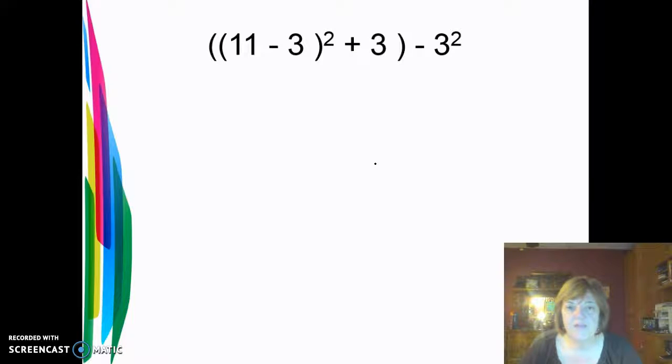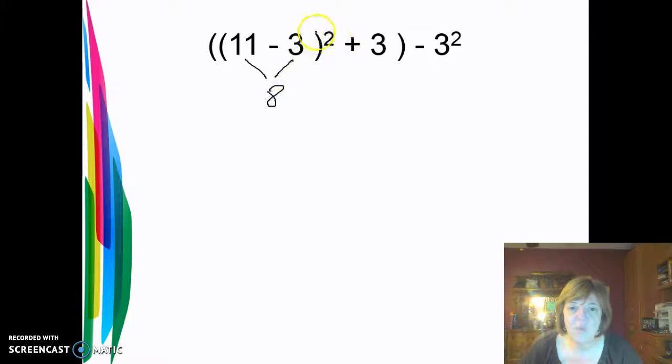All right, really fast, I want to show you what to do when we have exponents introduced to this whole thing. The process is the same. Look at the innermost parentheses and work from there, and always use PEMDAS even within those parentheses. So the first thing we're going to do here is 11 minus 3, which is 8.